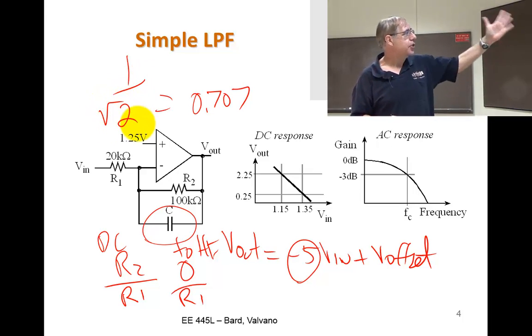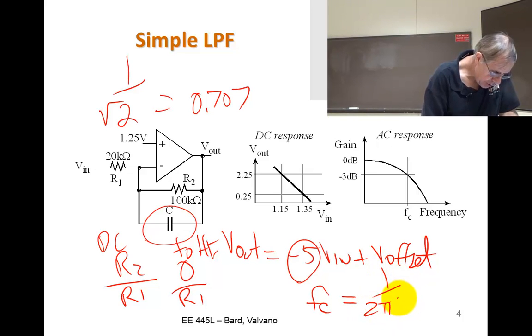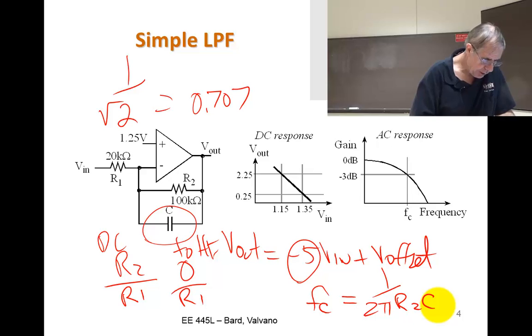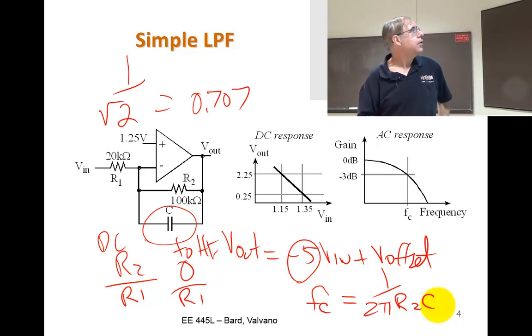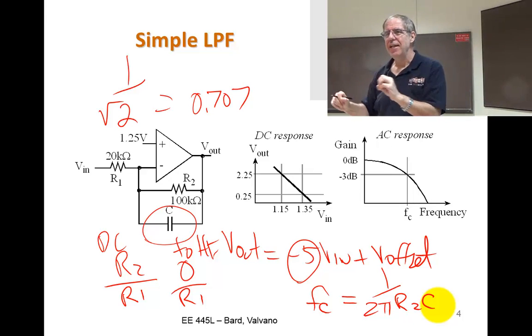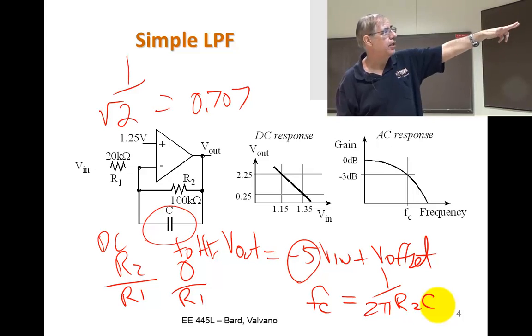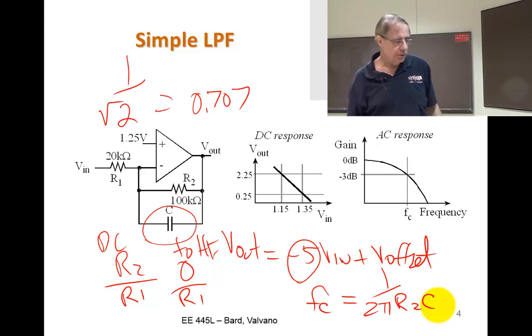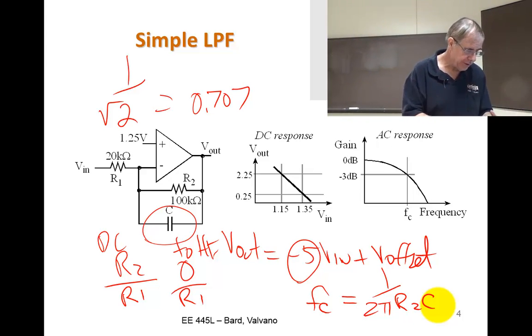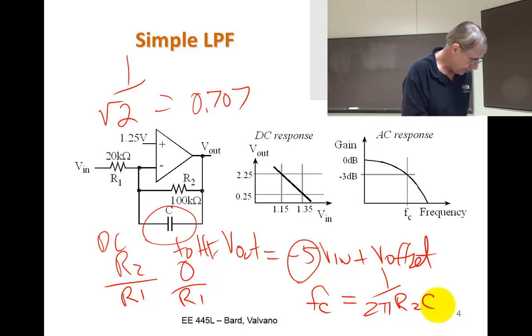That spot is called the cutoff frequency, and it's going to be 1 over 2 pi R2 times C. Very, very simple low pass. So we can take anything that has gain and make it a low pass filter by putting a cap in series with the feedback resistor. Not a very good filter, but not very expensive either. All it was was adding a cap.